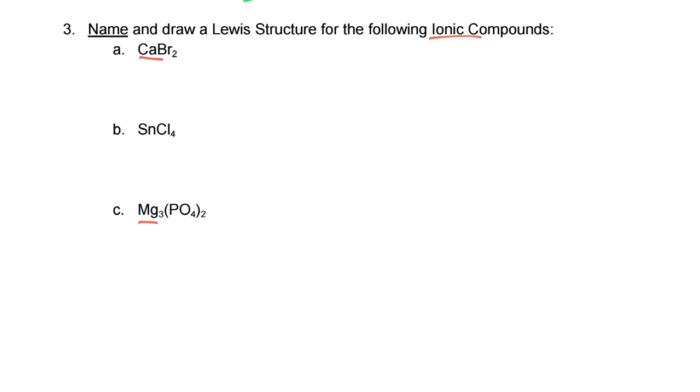All right, so the names would just be calcium bromide, tin, and now tin, this one, it's low enough on the periodic table that it needs a Roman numeral.